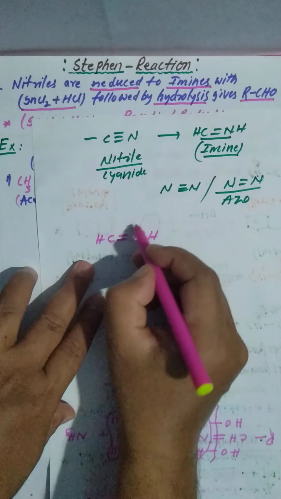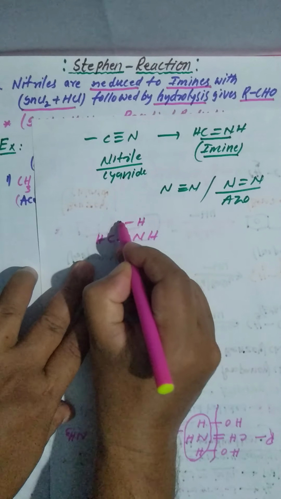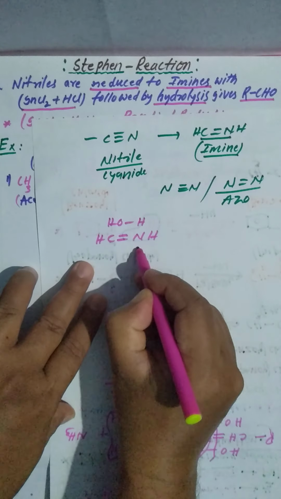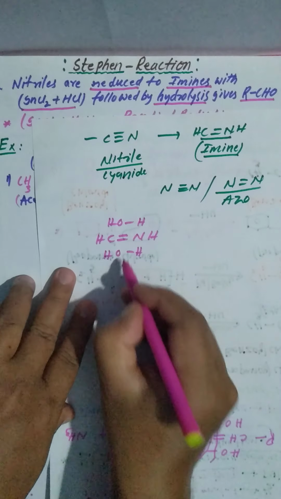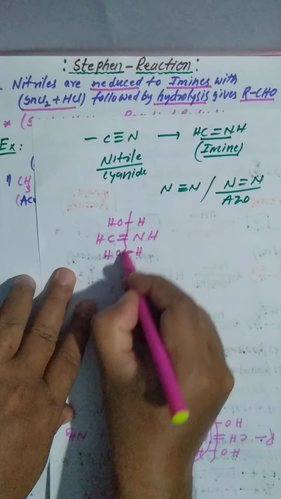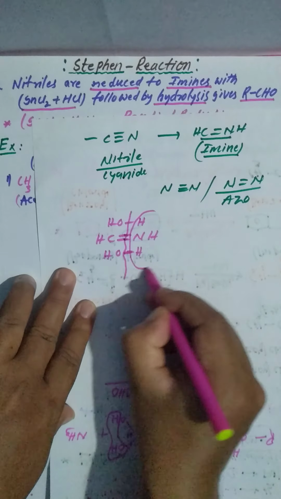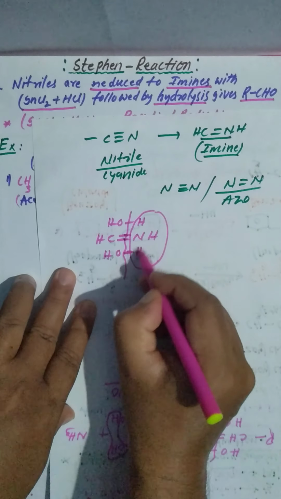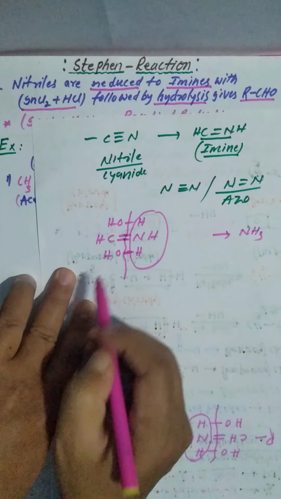Look here, 2 moles of water we have to add. Here I am taking HOH, here I am taking HOH. This is the bond. These bonds are going to break. Clear? Then what you are getting? NH3 as a byproduct.